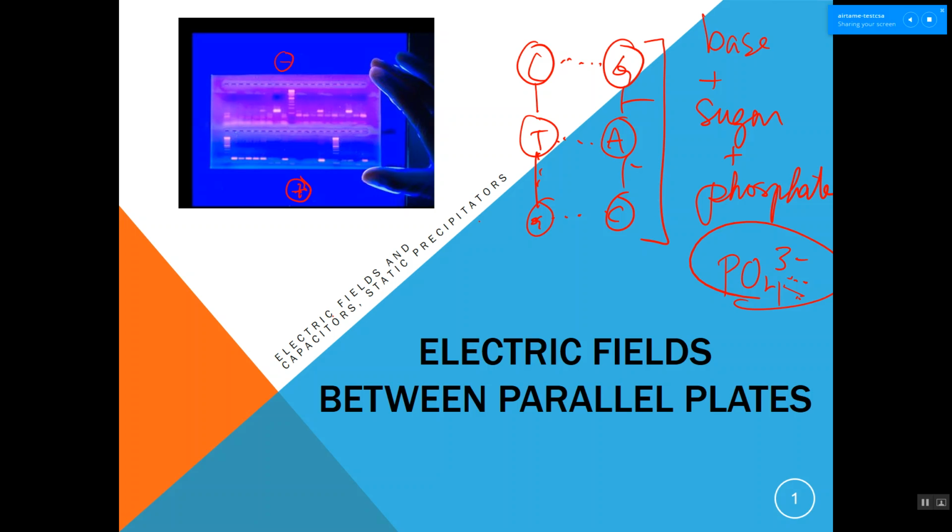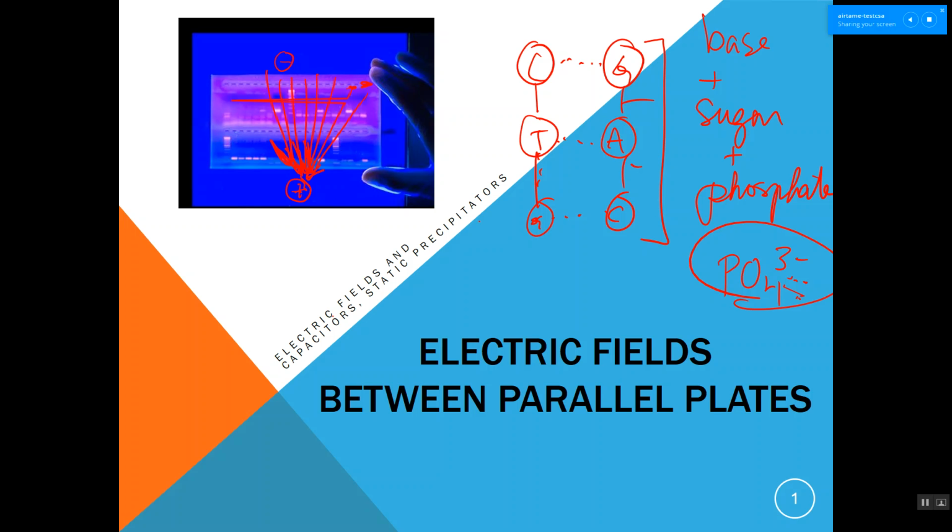Like if I had a piece of DNA here, where is it going to go? Towards the plus sign. And then what about the one here? Towards the plus sign, like that, right? That is not a very useful gel, is it?